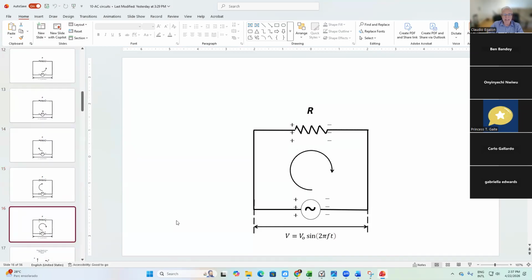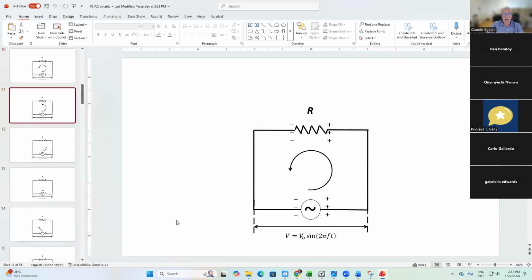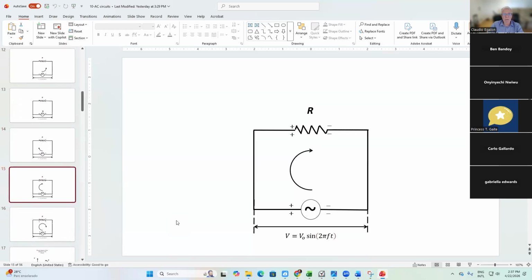See that? That's exactly how you should visualize those circuits. This is an oscillating circuit, a circuit that oscillates as time goes by.